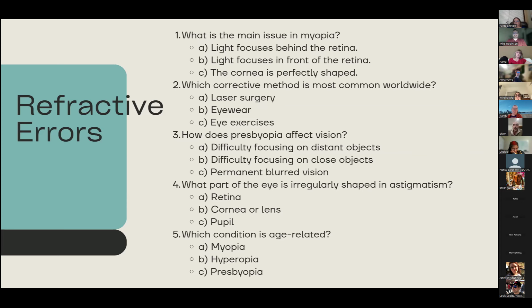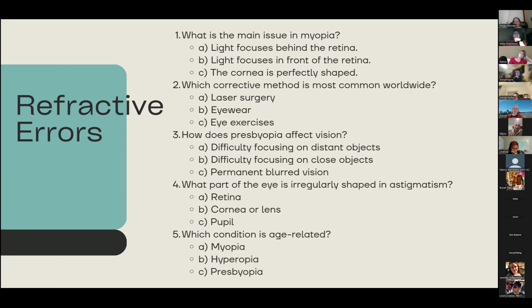With eyeglasses you still can't arrive at 20/20. And I think the third one, eye exercise, is more for lazy eyes. You never can reach 20/20 with eye exercises. So for me, I think A is better as the most common worldwide.